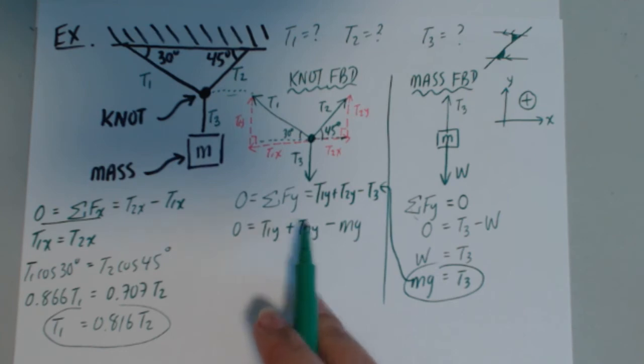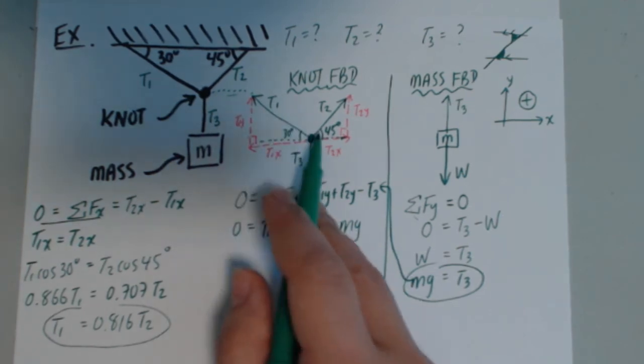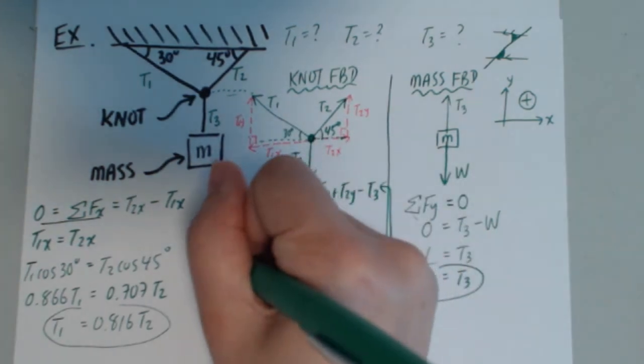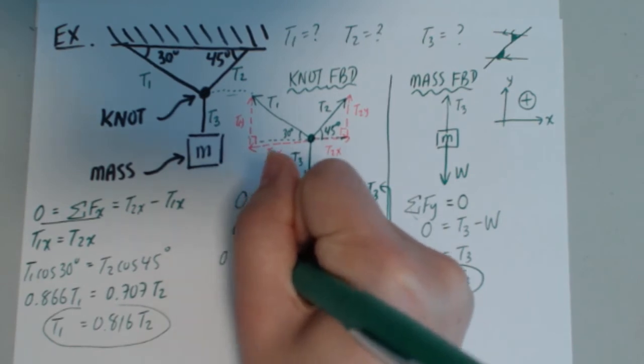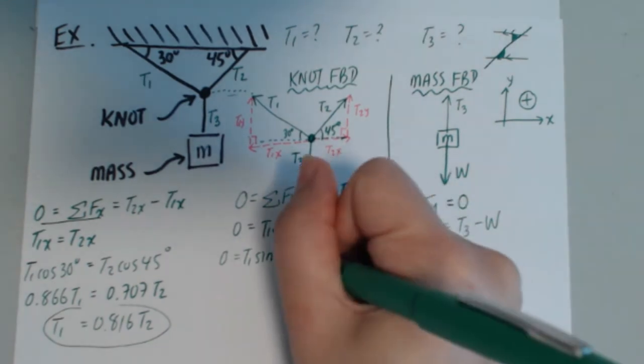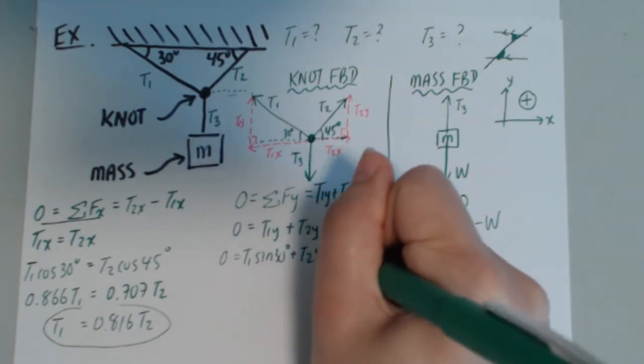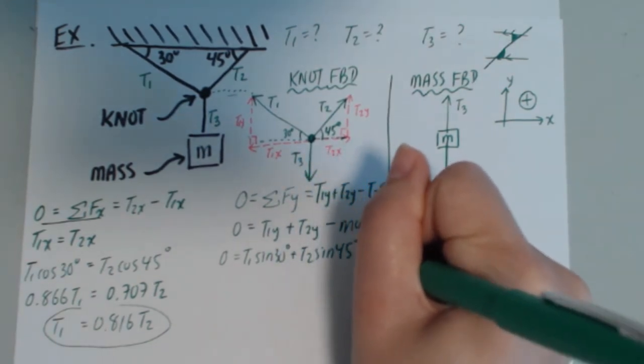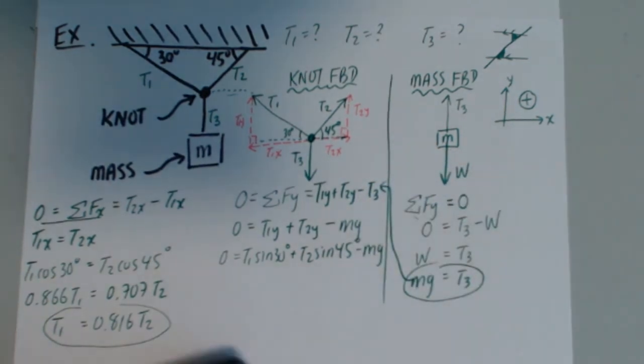Now, remember I said here, whenever you have a component of a force, always express it in terms of the original force. So T1y is T1 sine 30 degrees. T2y is T2 sine 45 degrees minus mg.